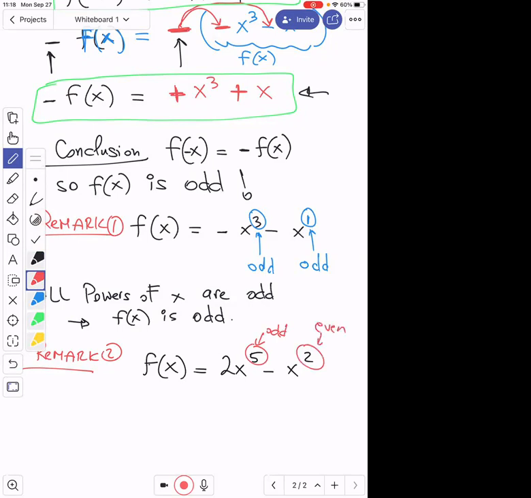If you want to check if this function is even, then the function f is not even. And if you want to check if it's odd, then the function is not odd. So then the function f is neither.